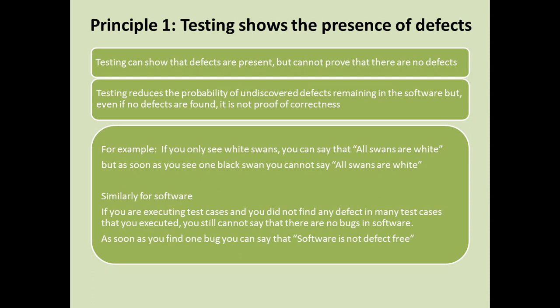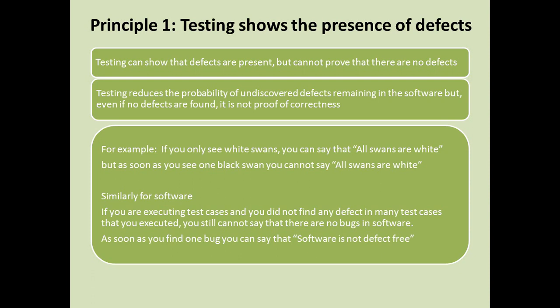Similarly, in the software context, if you have executed hundreds of test cases and did not find any defects till now, you still cannot say that there are no defects in the software, because there might be defects in other areas of the software, or in other scenarios that you would be testing in future.